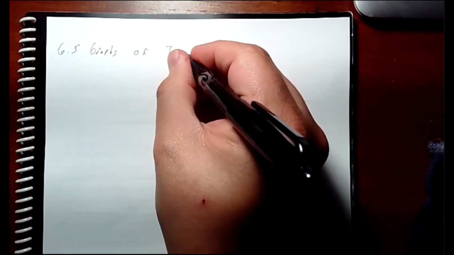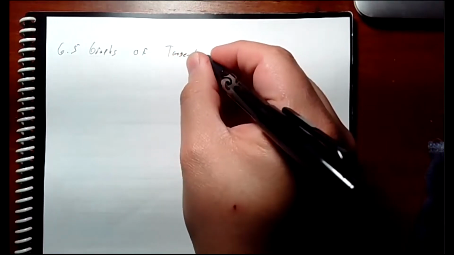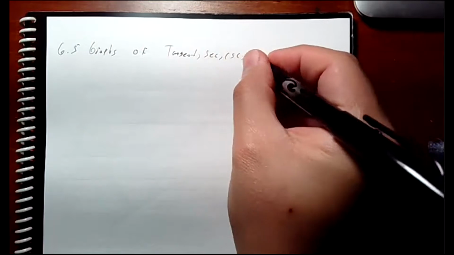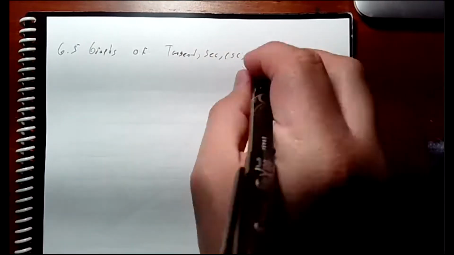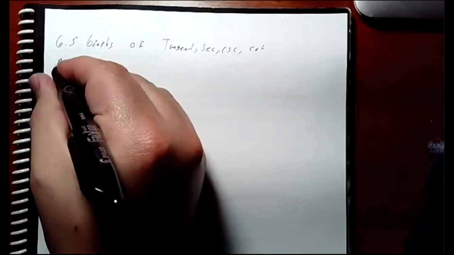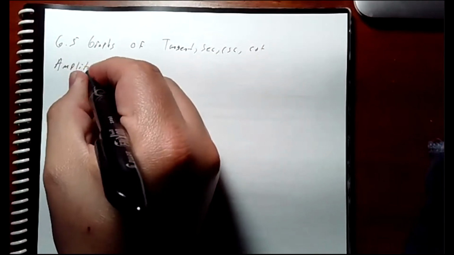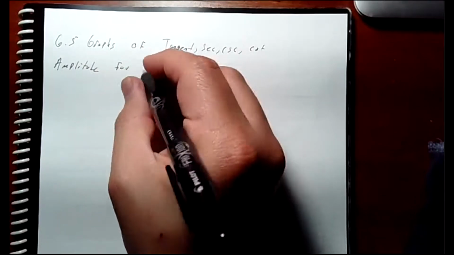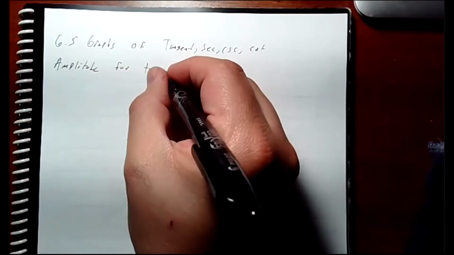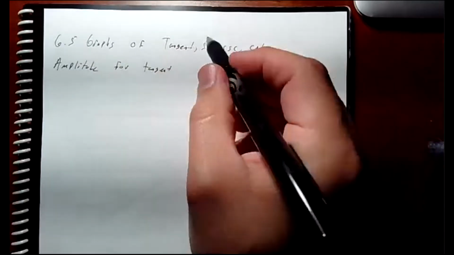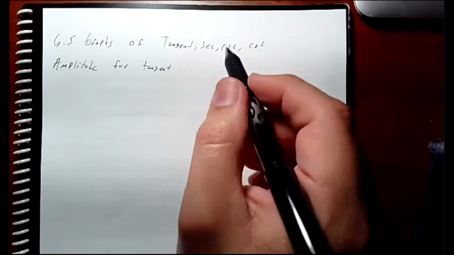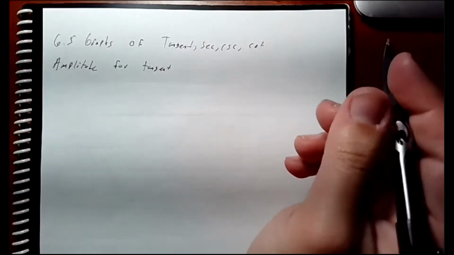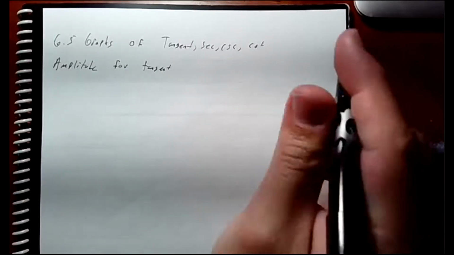Graphs of tangent, secant, cosecant, cotangent. The amplitude for tangent, which is the only one we're going to cover because cotangent is the same thing as tangent, same rules. Secant and cosecant, we already lumped those together with the 6.4, so you can save some time.